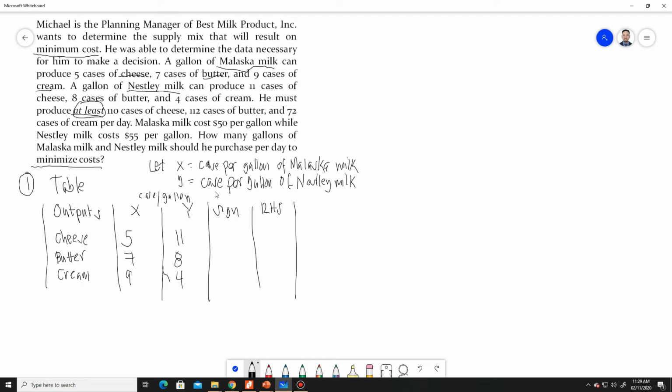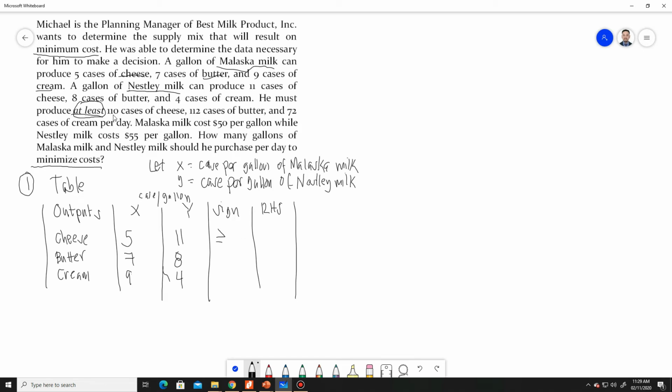So the sign depends on the problem. But since this problem says at least, we will use the greater than or equal sign.